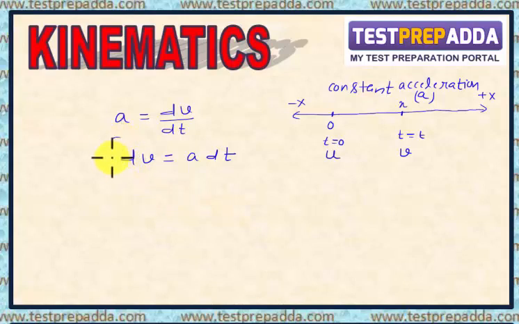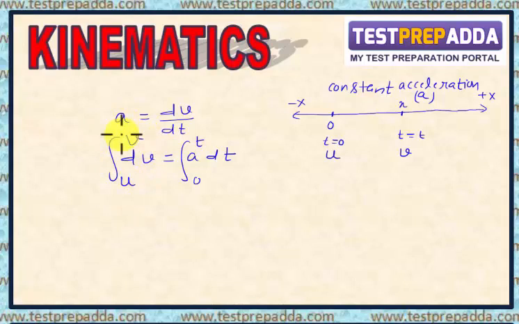Now if I integrate, at time t equal to 0, we have said that velocity is u, and at time t the velocity is v.